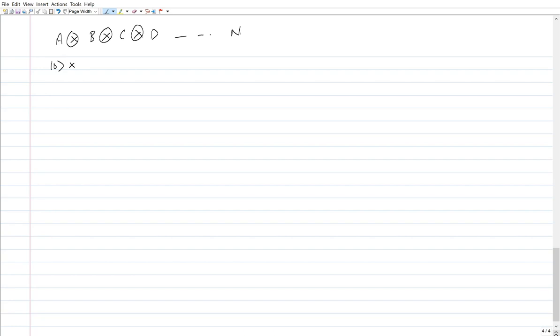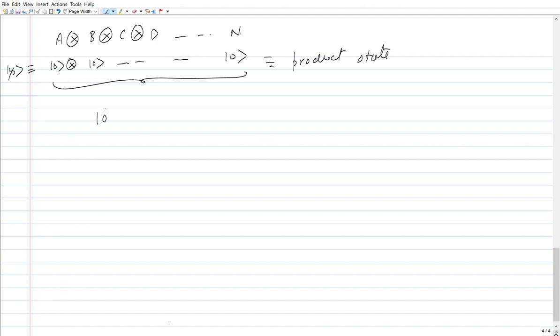Analogously, I'll define a quantum state of this n-qubit, n-electron system. If it can be expressed or factored into a product, it is a product state, and any other state which cannot be factorized in this way is going to be an entangled state.